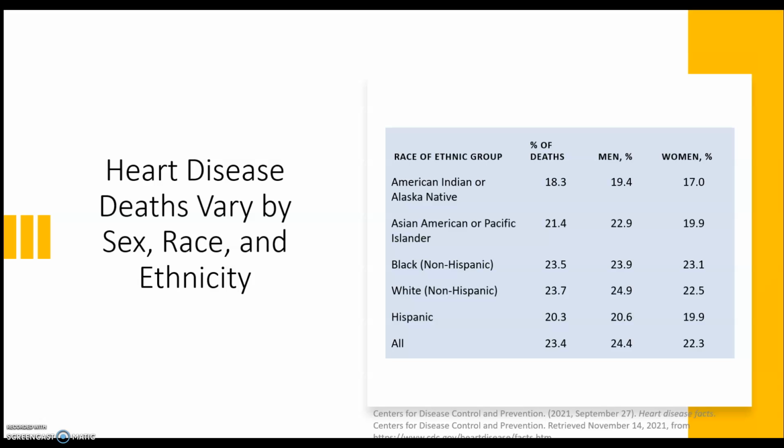And overall, 20% of Hispanic men and 19% of Hispanic women have also suffered from this disease.